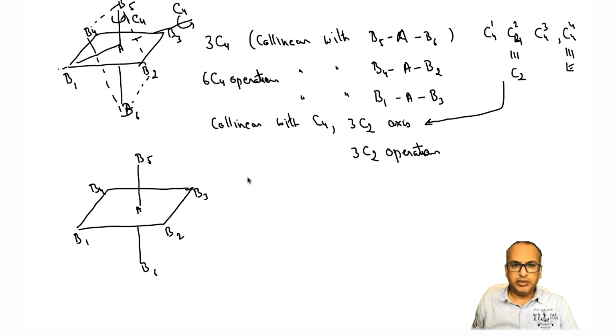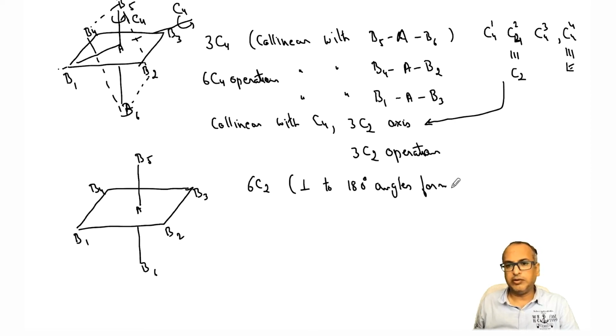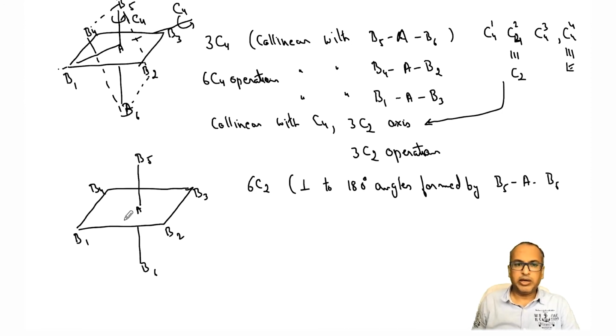So now there will be 6 C2s which are perpendicular to the 180-degree angles formed by these C4s. So B5, A, B6. Now this perpendicular can be in 2 directions. So what you have is this axis and this axis, right?